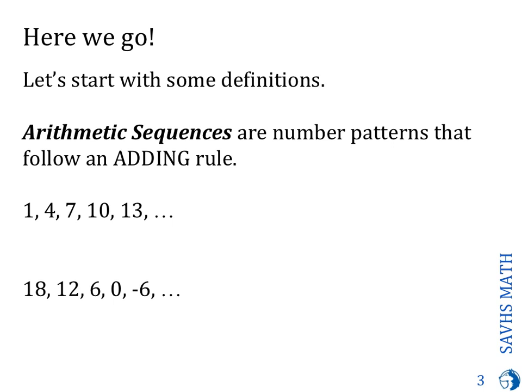Arithmetic sequences is the focus of today. Arithmetic sequences are number patterns and they follow adding rules. When we look at these, this means there is the same thing that we add each step.